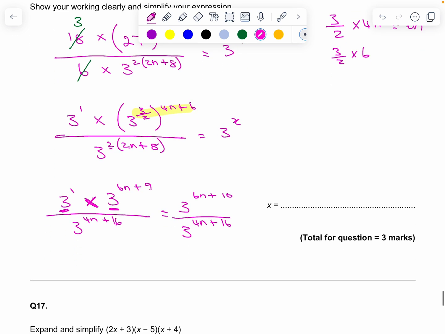And then finally, because we are dividing and we have the same base, we can subtract the indices. So we have 6n plus 10 take away 4n plus 16. 6n take away 4n is 2n. And 10 take away 16 is minus 6. So x equals 2n take away 6.